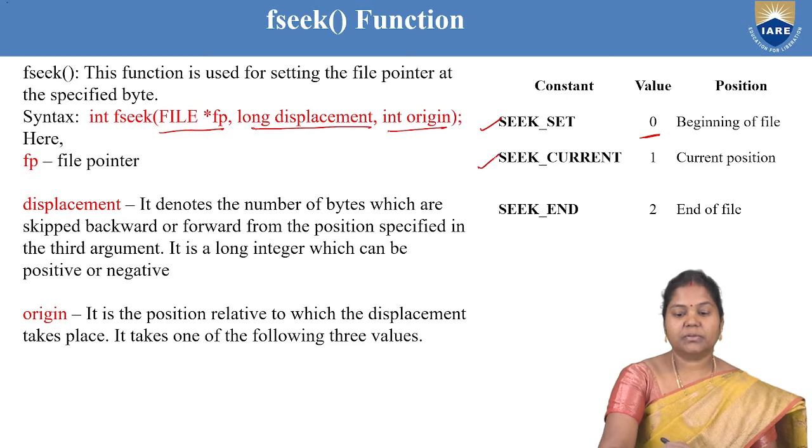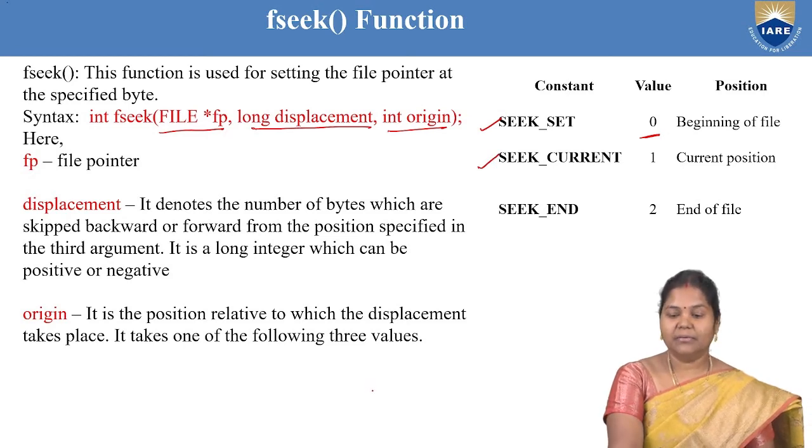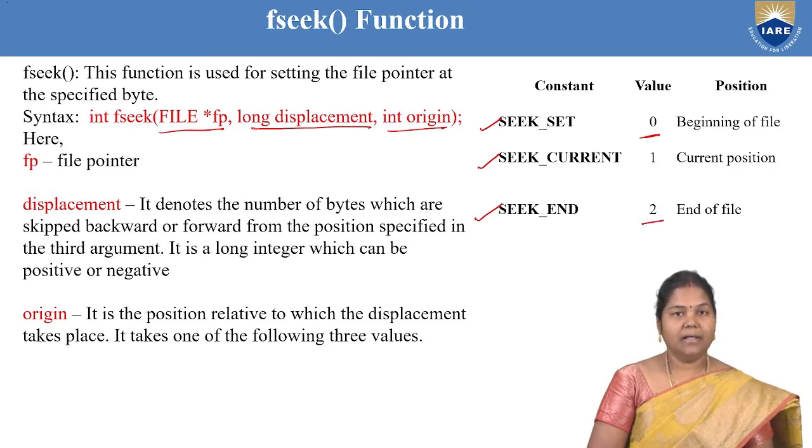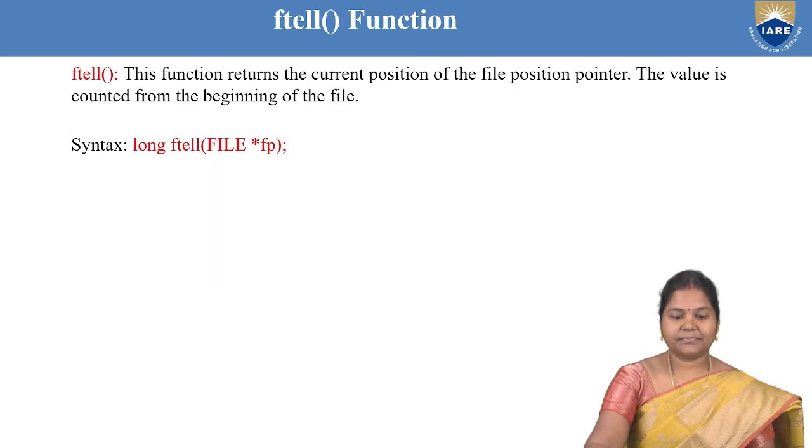SEEK_CUR, value 1, indicates that you are at the current position, that is neither beginning nor end. SEEK_END, the equivalent integer is 2, indicates that you are at the end of the file. Using these three origin values, you can specify up to which byte you want to set the file pointer.